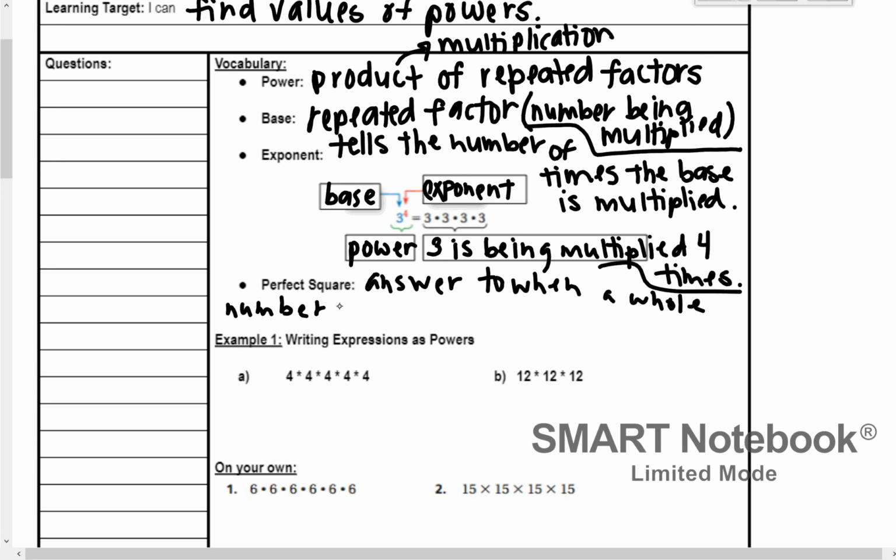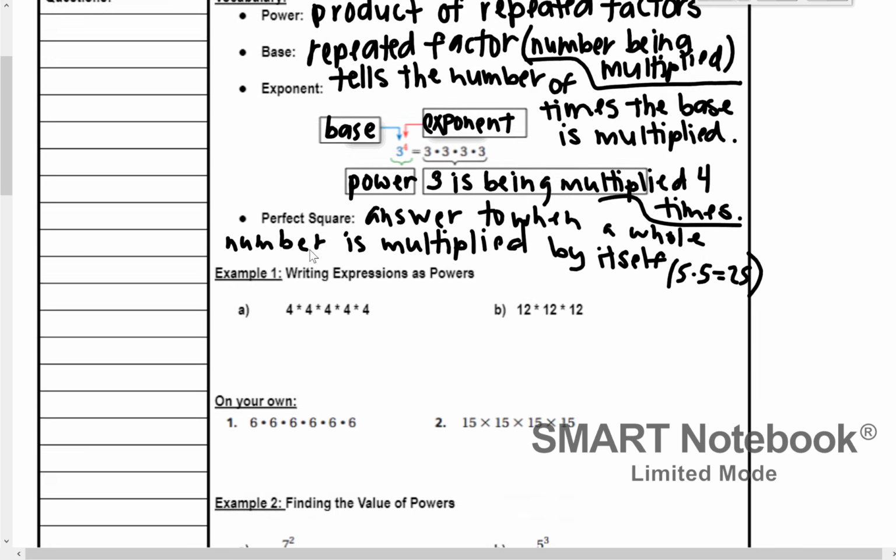So for example, 5 times 5 is 25. Since 25 is the answer to a whole number being multiplied by itself, 25 is considered a perfect square. We'll talk about how we can determine if a number is a perfect square once we get to those examples. All right, so let's put all this vocabulary to use and do some examples.